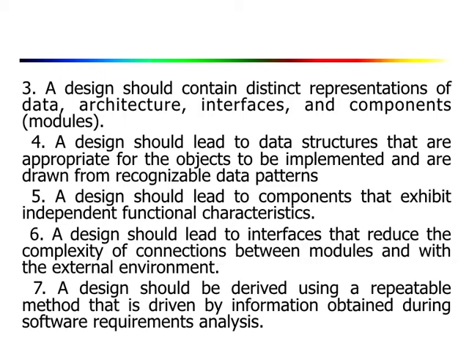That is, you are developing software with different modules. There will be some kind of connection between the modules, but when we are developing modules with connections or interfaces, these interfaces should have less complexity, or we have to reduce the complexity of the connections between the modules and also with the external environment.